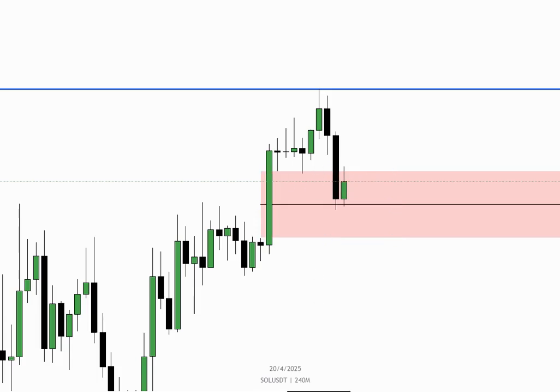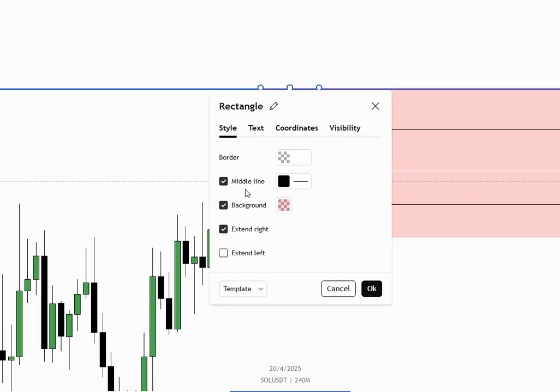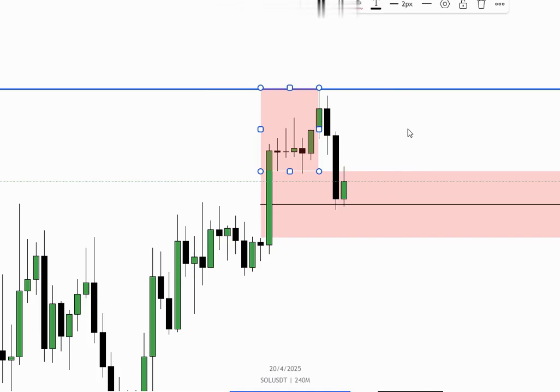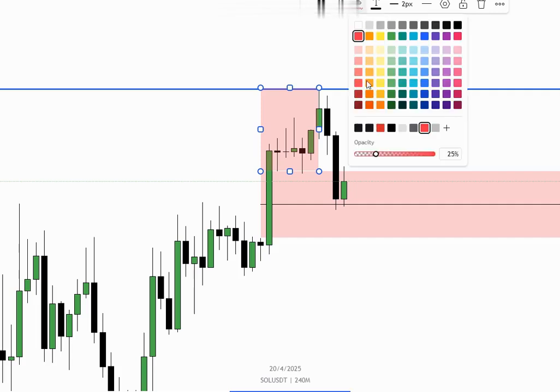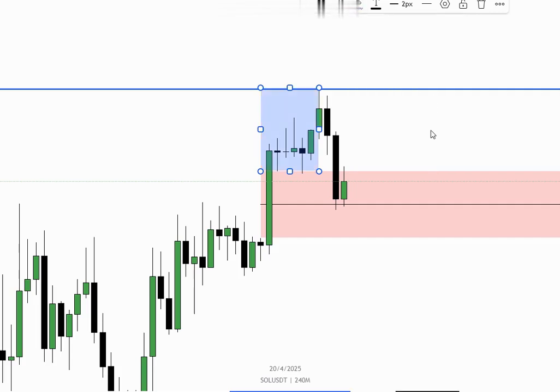So we have a key level. Good. I want us to talk about this price action that led us to our key level.